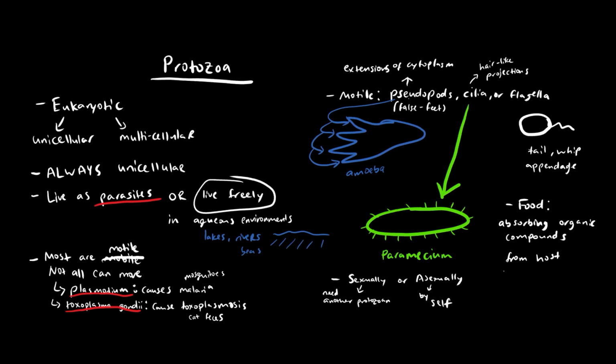Now, some protozoa are photosynthetic, so they could use light to produce their own food.